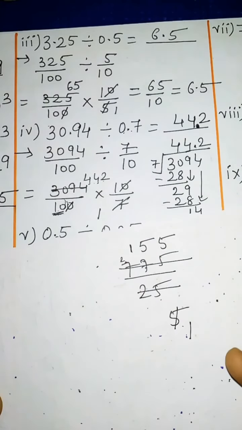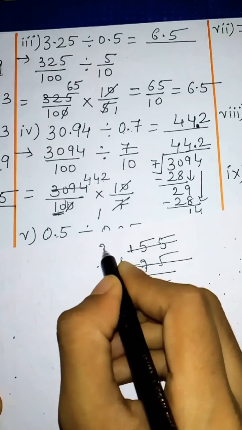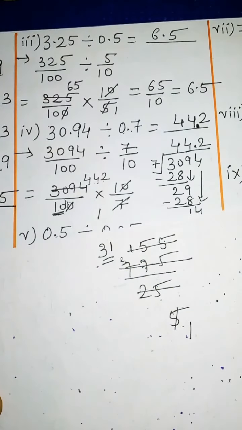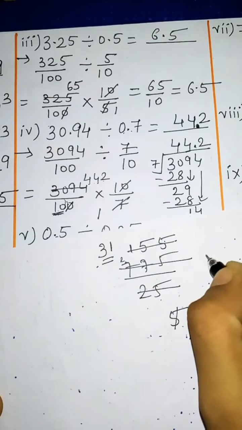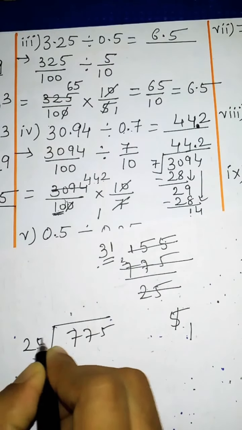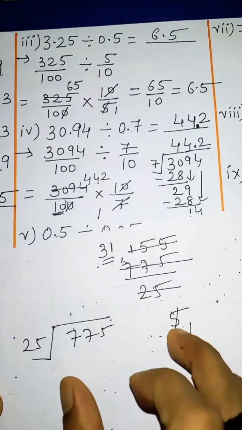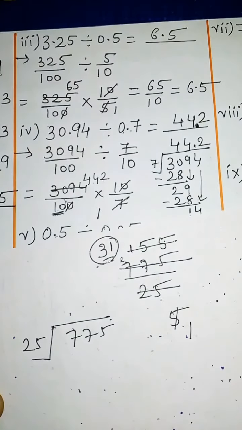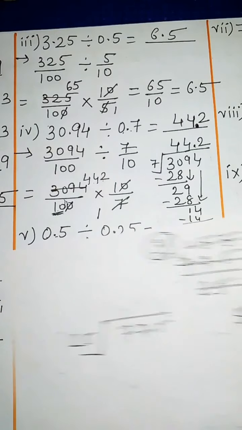Now again 5 1s and here 5 3s 15 and 5 1s 5. So 31 is left with us. If you are not comfortable with cancellation, you can divide 775 by 25 also, or you can do cancellation, both ways, whichever you are comfortable with. So we are getting 31 after cancellation.